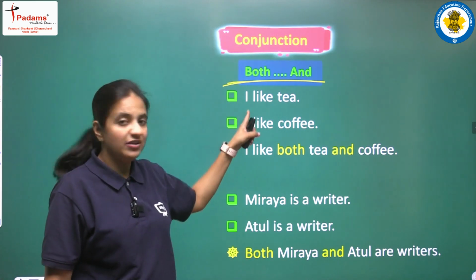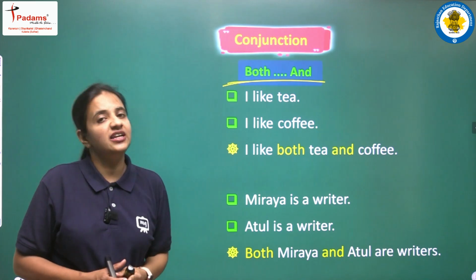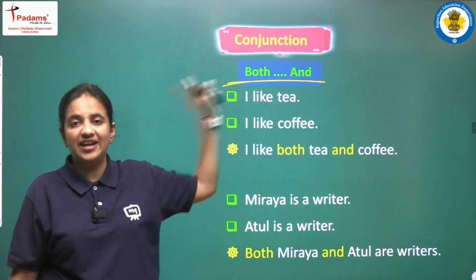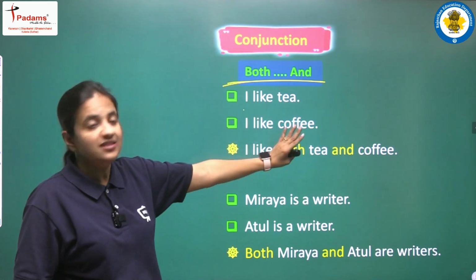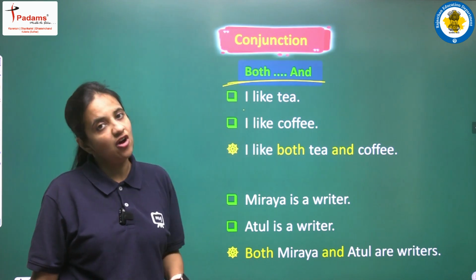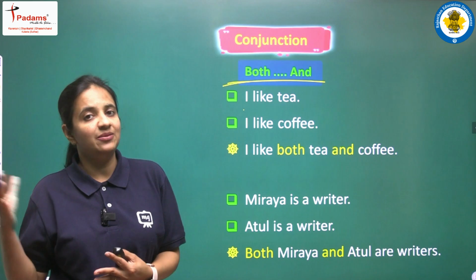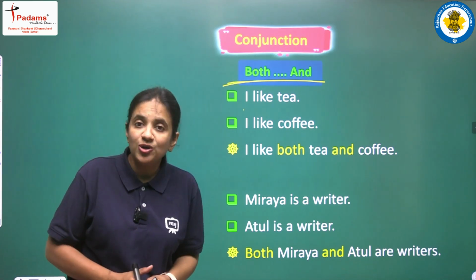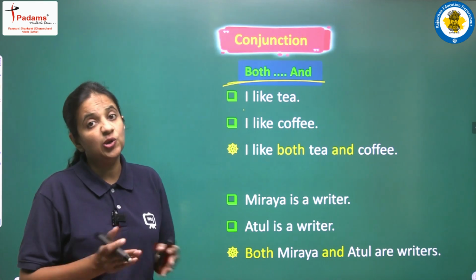So again we are having two sentences. We have to read the sentences and then combine these two sentences into one sentence using this conjunction, both and. So let's read. Here we have: I like tea. Second sentence: I like coffee. Again we have to do the same thing that we discussed in the previous video, that a certain part of the sentence will be common, or the same, in both sentences, and a certain part will be totally different.